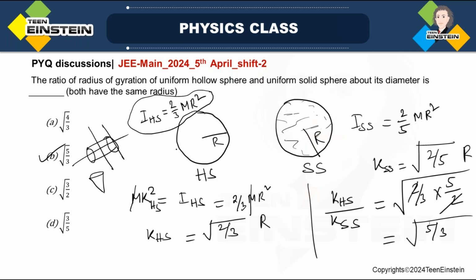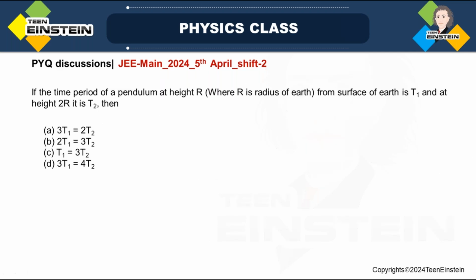I think there is not much difficulty in remembering the moment of inertia of various symmetries like cone, cylinder, hollow sphere, solid sphere, then ring, then you have disc, spherical shell, etc. Those geometries you should remember the moment of inertia about their diameter and about their own axis. All right. Let us go to the next problem.